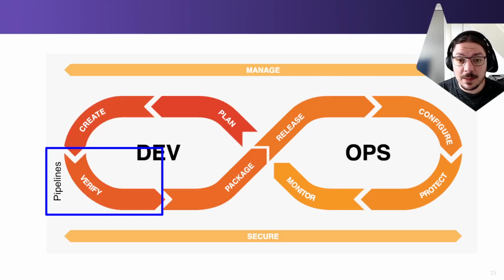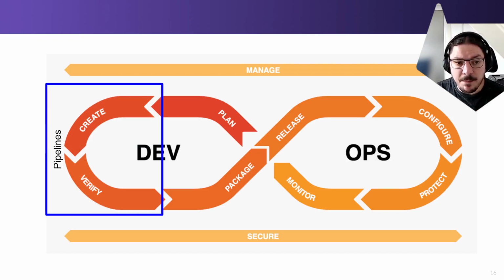The situation that we have right now is that pipelines are in the verify stage. The UI and the use cases were created with pipelines as part of CI/CD. What we need to do is expand this: pipelines as part of both the verify and the create stage.